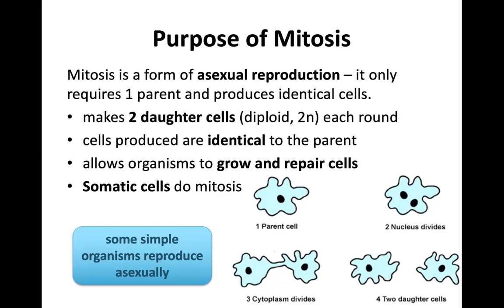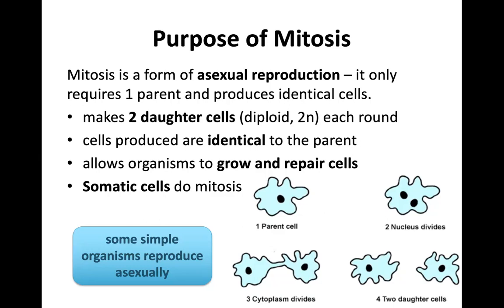Diploid is the full set. So if, now I'm making all this up, this is not real, if we've got a cell and it has 101 chromosomes, go with me.